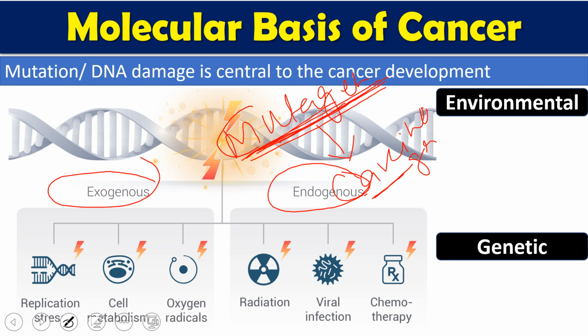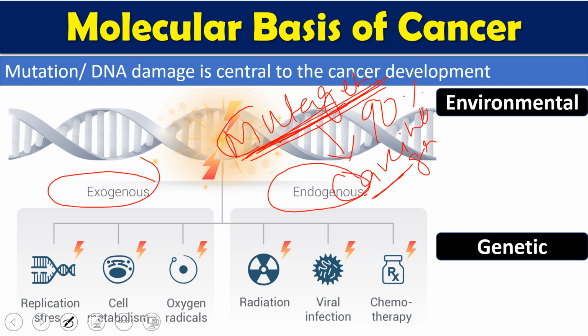When we talk about environmental and genetic, roughly 90% of the cancers are caused by environmental factors. An environmental factor is a factor which is not from our body, but from outside the body, and is not transferred from previous generations. That means these factors can be avoidable.